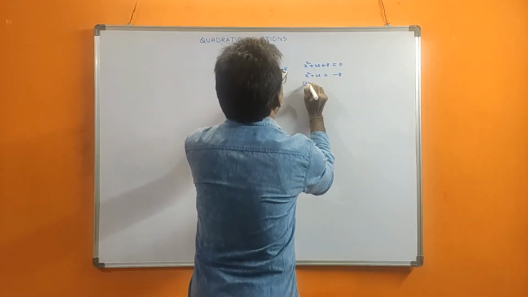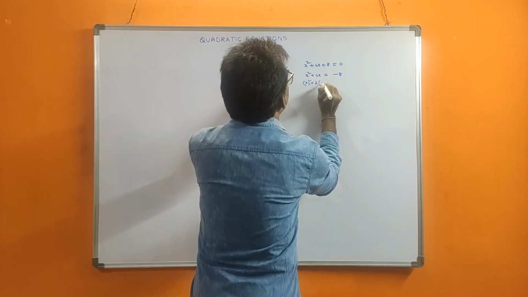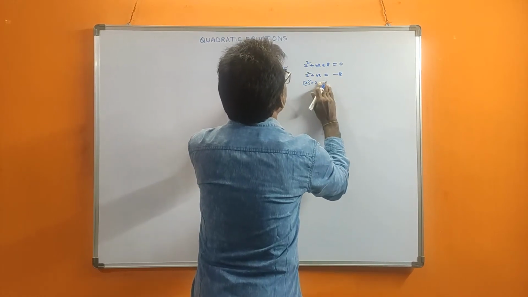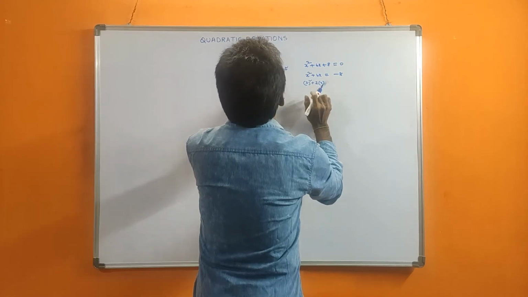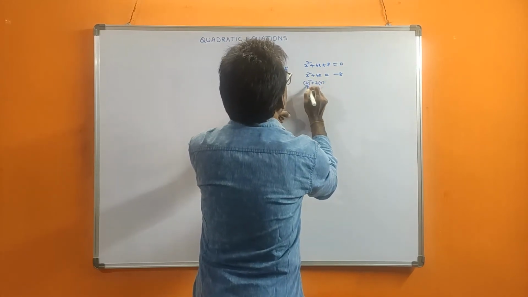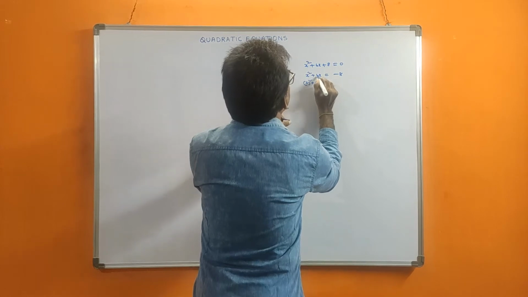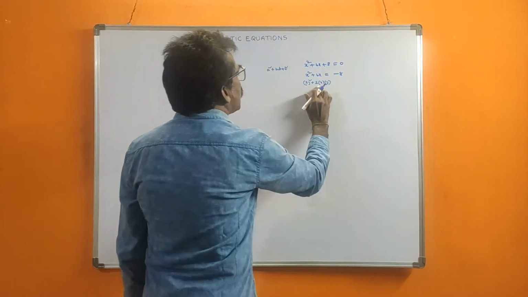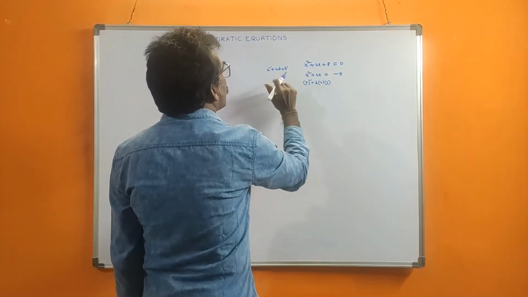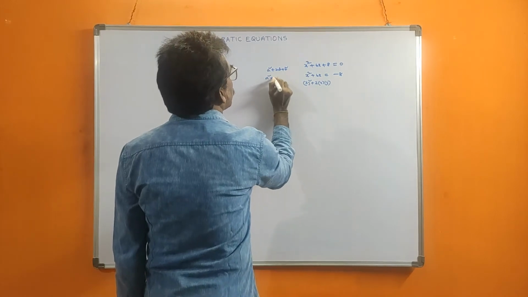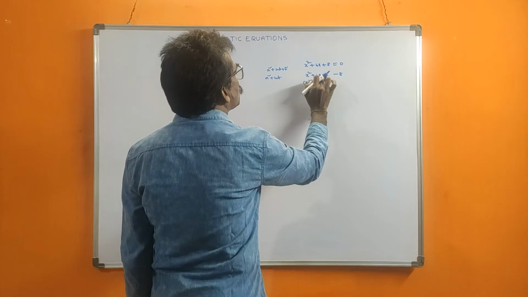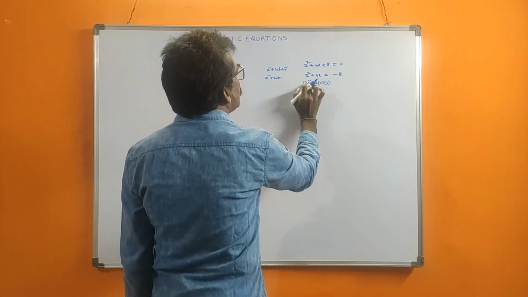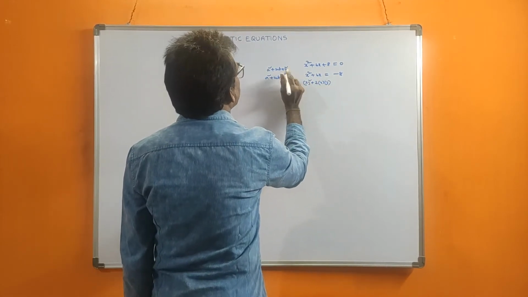This is x square plus 2 into x into 3. In 2ab, a is x already, and if you write 3, then 2ab is 6x. So a square plus 2ab is there.